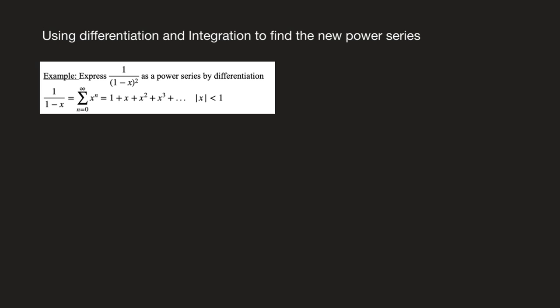This example shows we're going to find the new power series by using differentiation. We use this geometric power series right here: 1 over 1 minus x, the rational function, is the summation of this geometric power series. Now, from here, we want to find 1 over 1 minus x squared. How are we going to do it? You take a derivative. Let's take the derivative of the left side first. 1 over 1 minus x, another way to write it is (1 minus x) to the negative 1.